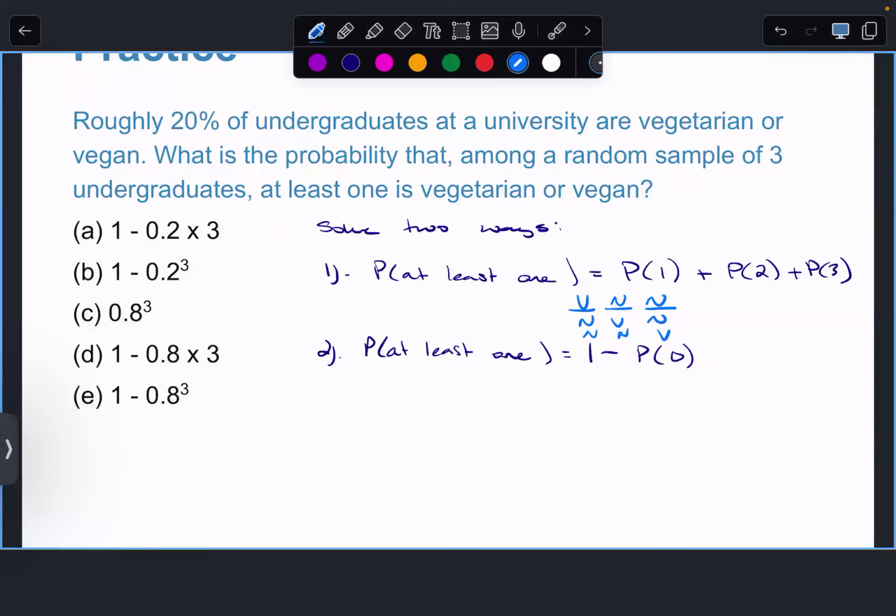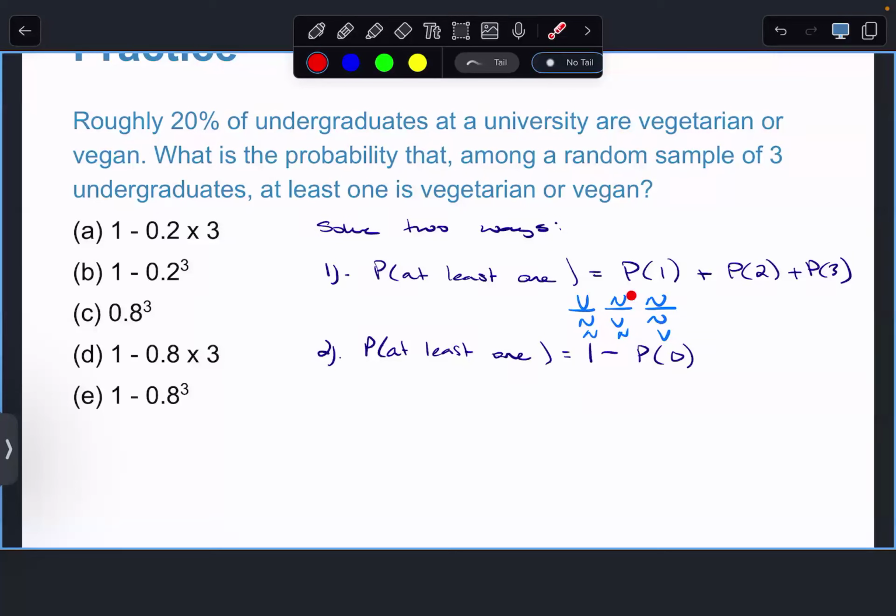And I would need to figure out, so the probability of being vegan is 0.2 times 0.8 times 0.8, or 0.8 times 0.2 times 0.8, or adding these, right? Not vegan, 0.8 times 0.8 times 0.2.